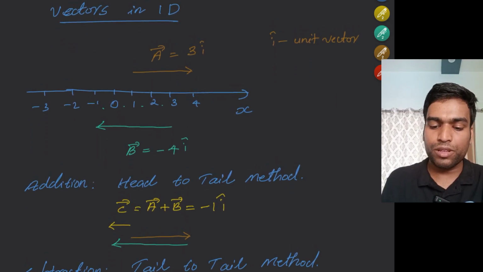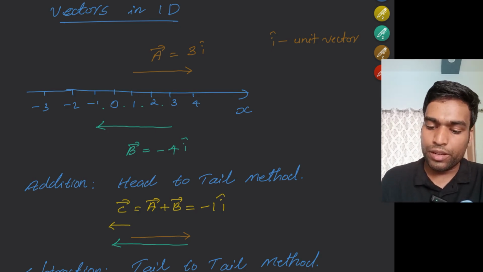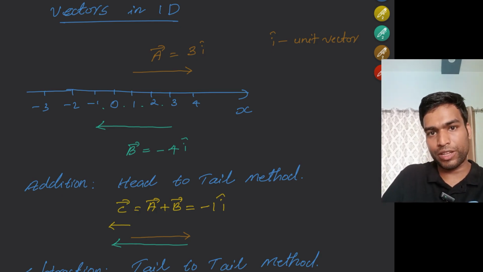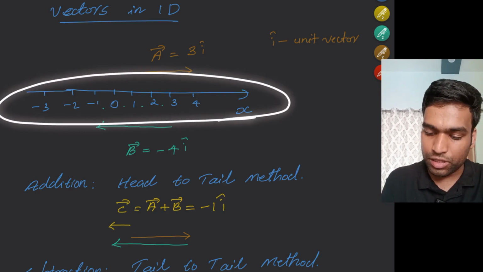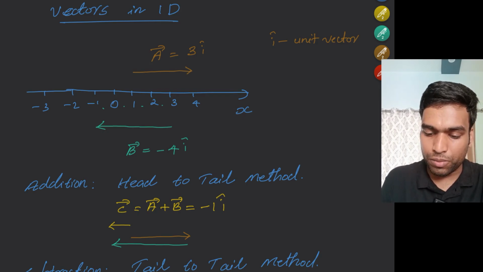Now, how to represent these vectors in one dimension? A vector in one dimension has two possibilities for direction. Either it can be the positive x direction or the negative x direction. So here is an x-axis with the numbers denoted, and in this system, how do we represent a vector?